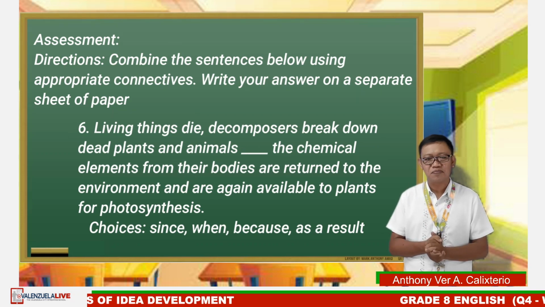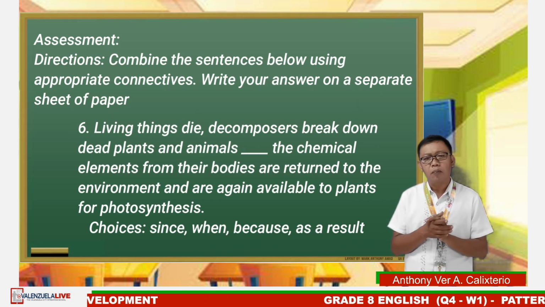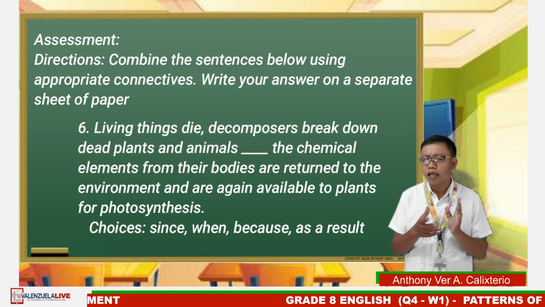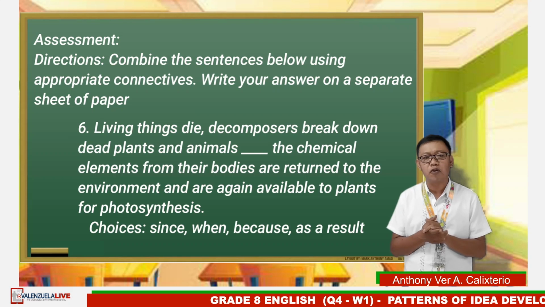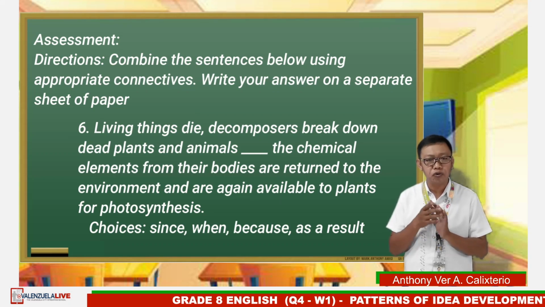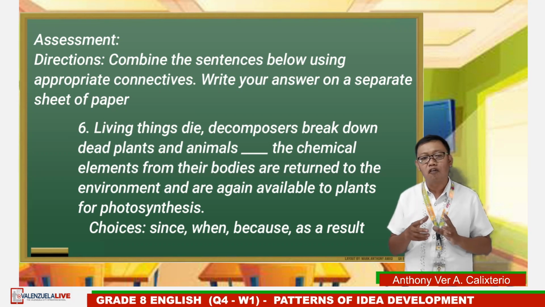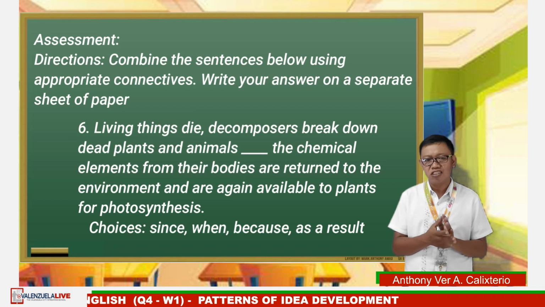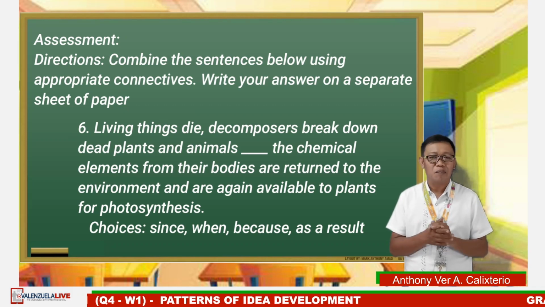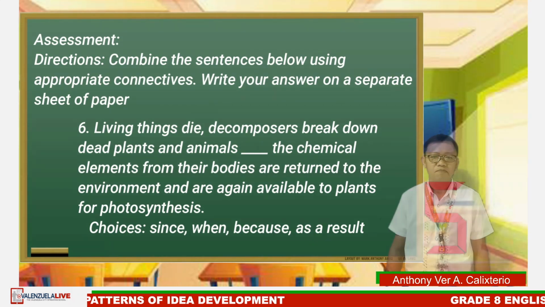Number 6. Living things die. Decomposers break down dead plants and animals. Blank. The chemical elements from their bodies are returned to the environment and are again available to plants for photosynthesis. Choices are since, when, because, and as a result.